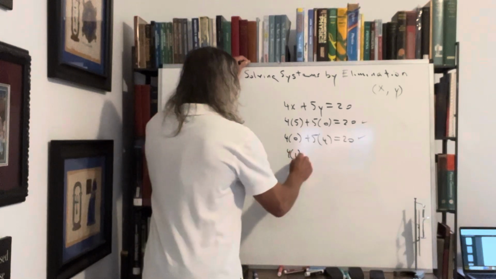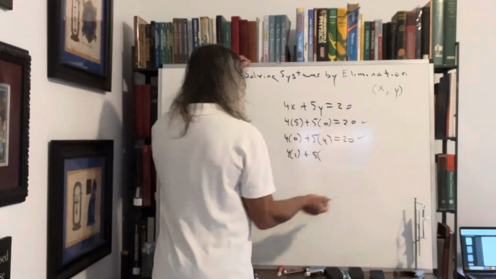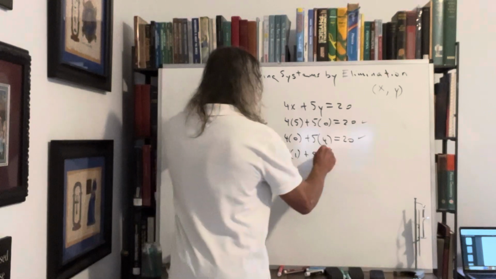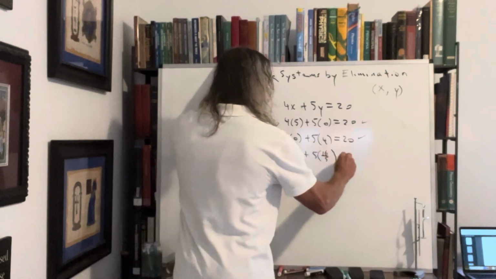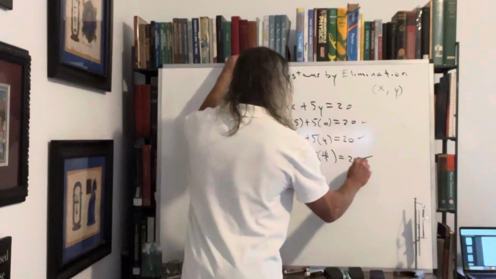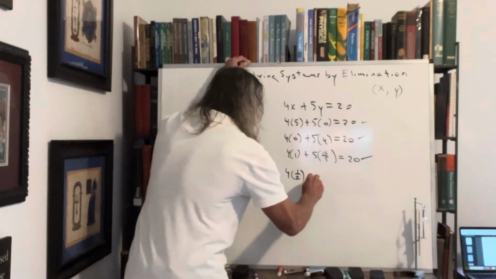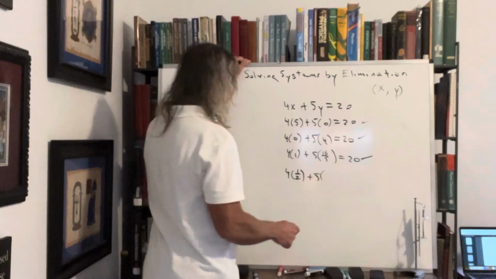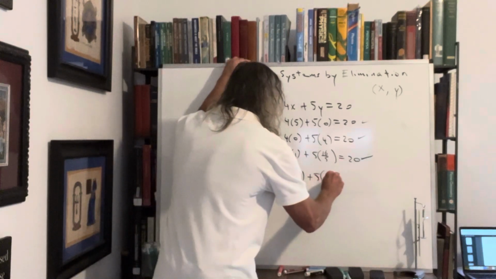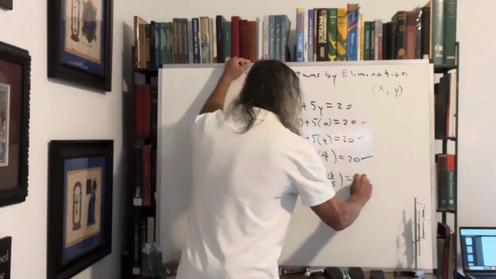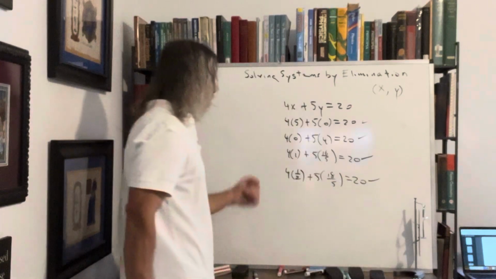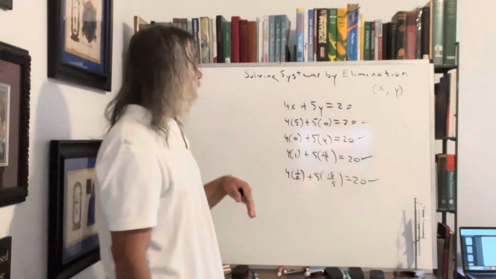X could be 1, y could be 16/5, and it works. X could be 1/2, y could be 18/5, and it works. And on and on and on.